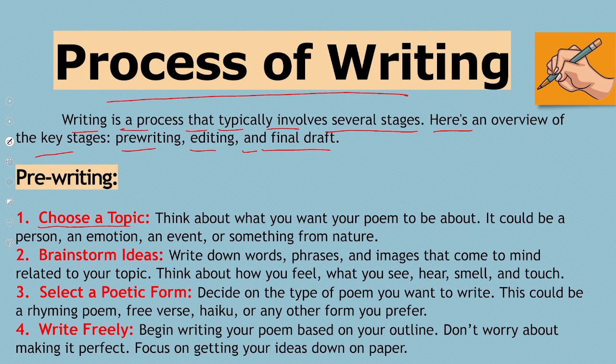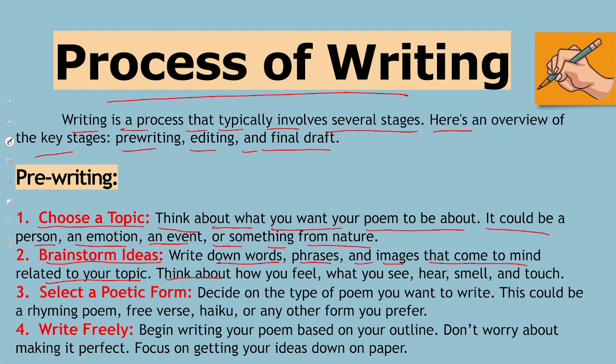What do we do in pre-writing? We choose a topic. Think about what you want your poem to be about. It could be a person, an emotion, an event, or something from nature. The next point is brainstorm ideas. Write down words, phrases, and images that come to mind related to your topic.